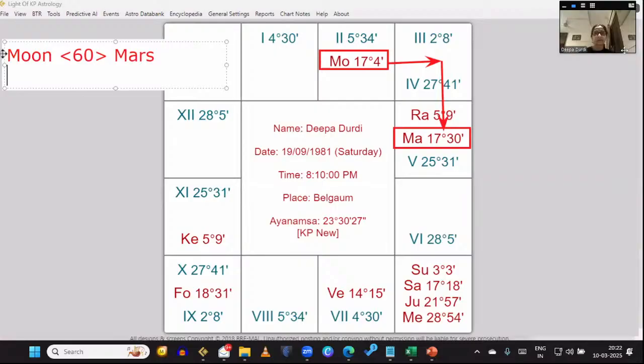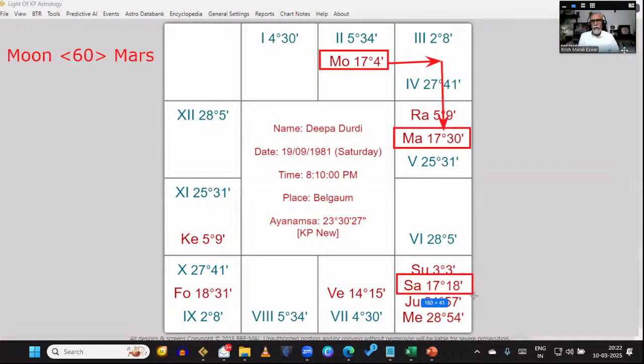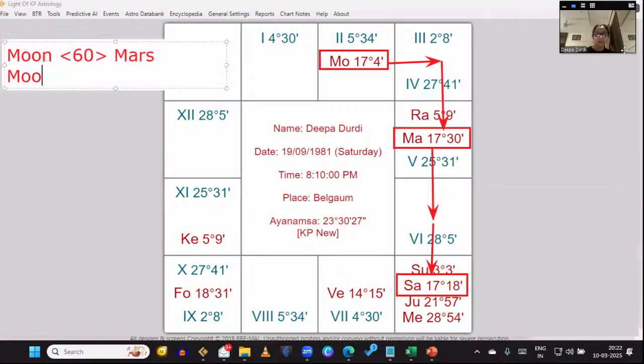Okay, right. Now you take a look at Venus. Venus is at 90, 120. Clear?